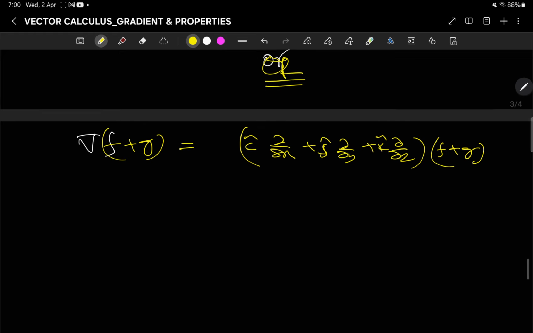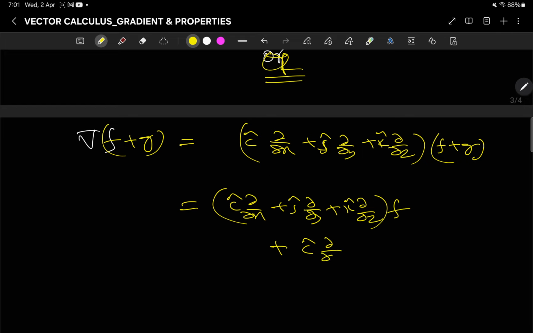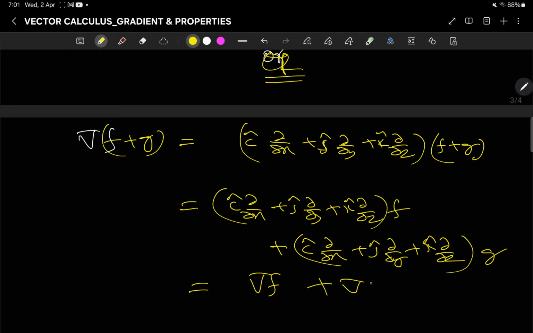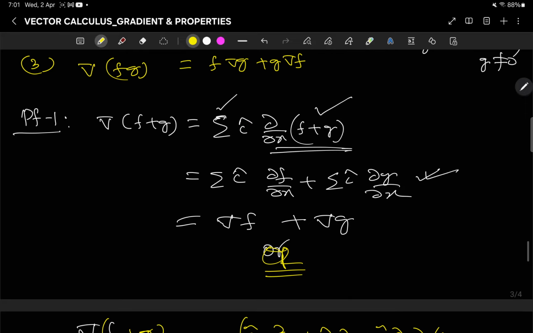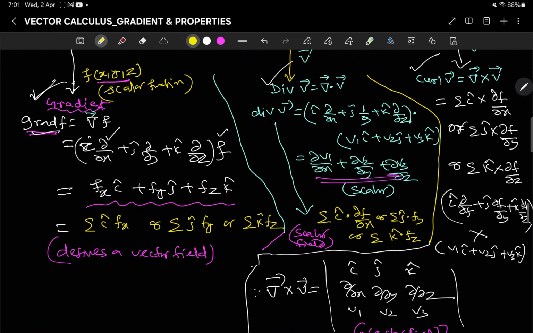Now using the properties of the derivative, it is i del by del x plus j del by del y plus k del by del z of f, plus similarly i del by del x plus j del by del y plus k del by del z of g. So this is equal to grad f plus grad g. It is better to write like this, the symbolic form, or in short, as written before.